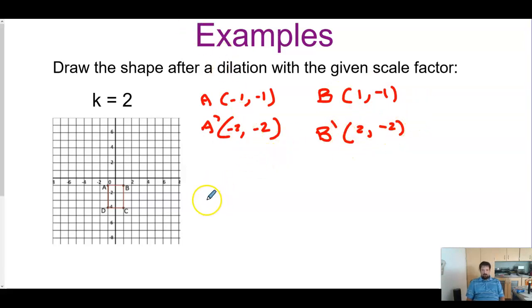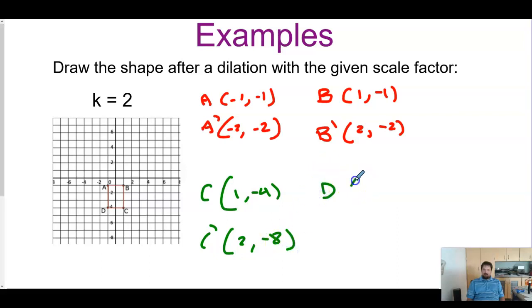Okay, let's do it with C. C is right 1, down 4, so C is 1, -4. C prime, we just times them by 2, and we get 2, -8.